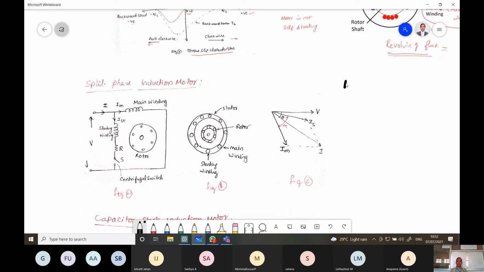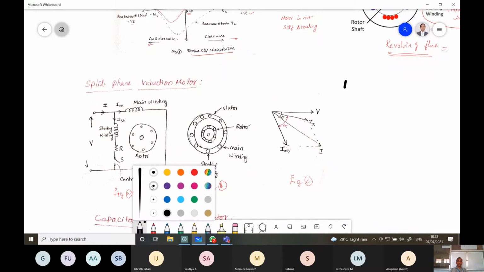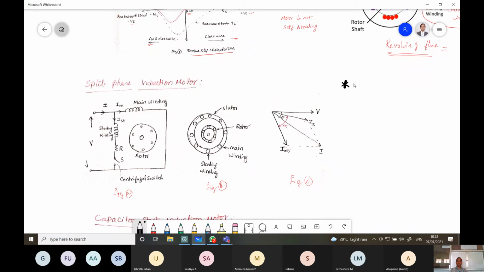In this motor, the stator has two windings: one is the main winding, the second one is the starting winding. The starting winding is also called the auxiliary winding, and the main winding is also called the running winding.